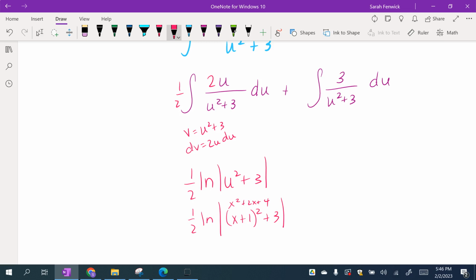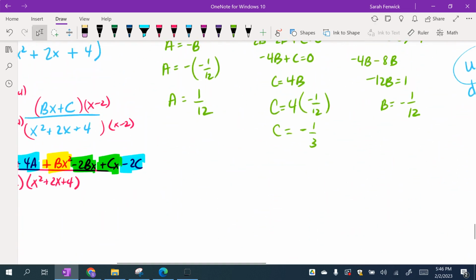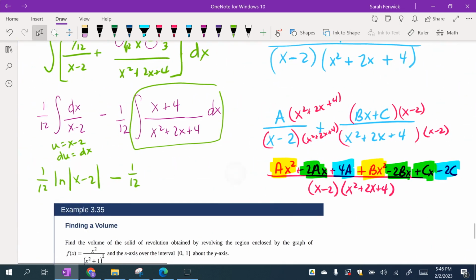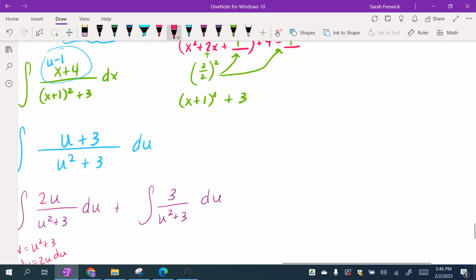I still have another piece, but let's go put this back in our answer. There it is. So right here we have 1/2 ln of x squared plus 2x plus 4 plus whatever we get for this next part.